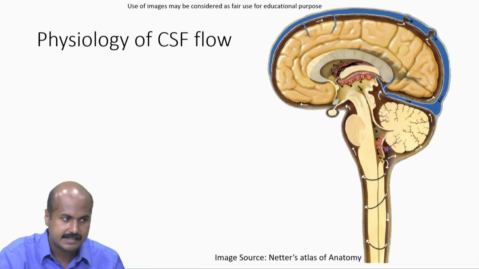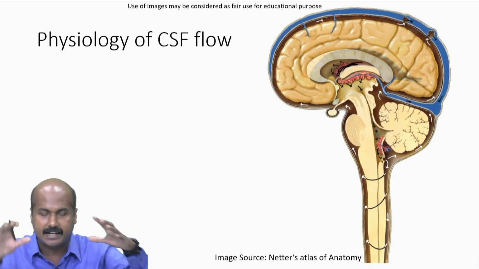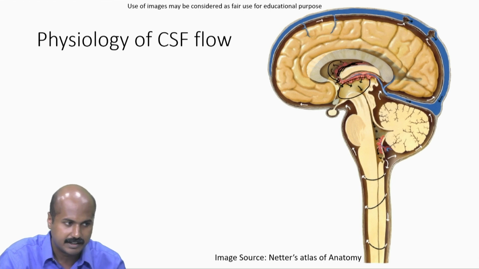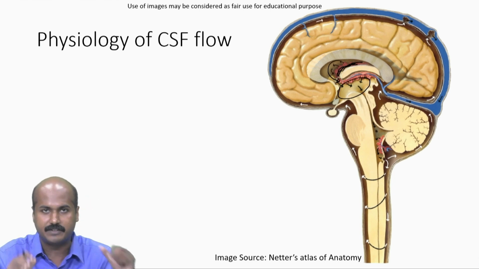So, you can see that the CSF will be filling the two lateral ventricles, as you can see in these arrows, and they will flow from the lateral ventricle through the foramen of Monro into the third ventricle. That is why you need to know the communications of these ventricles.